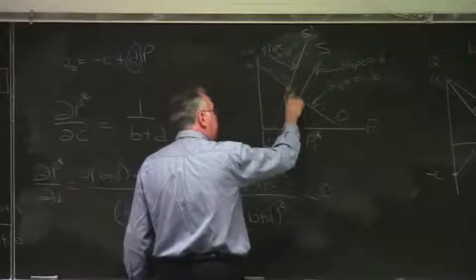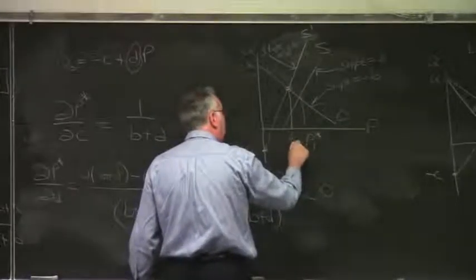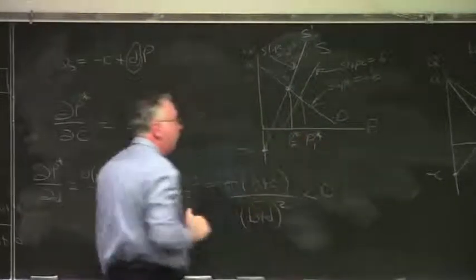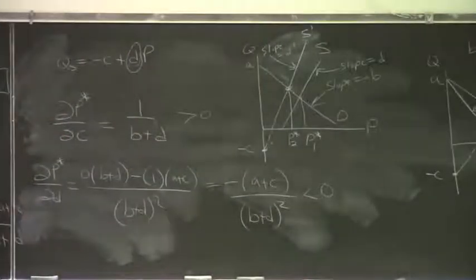So it becomes steeper and the price goes down. As that supply curve becomes steeper, then more inelastic, the price is going to go down. Okay, it moves in the opposite direction.